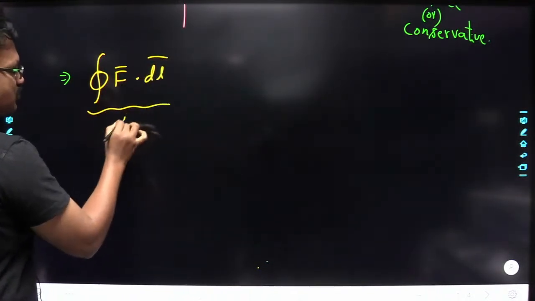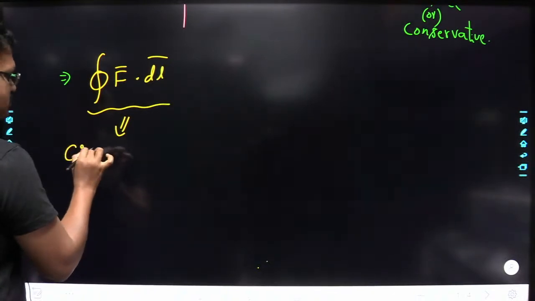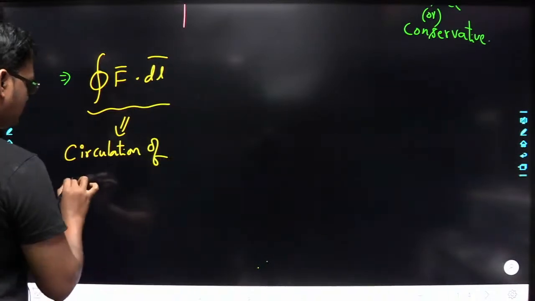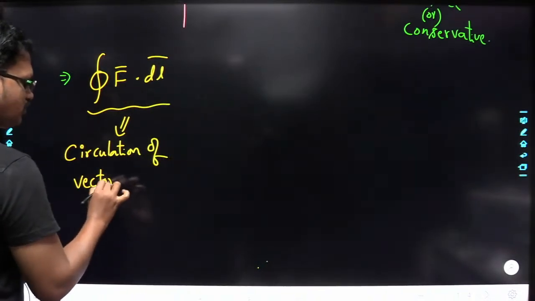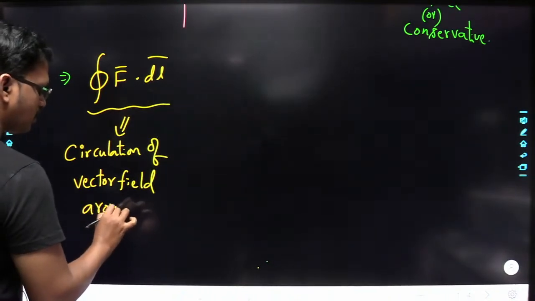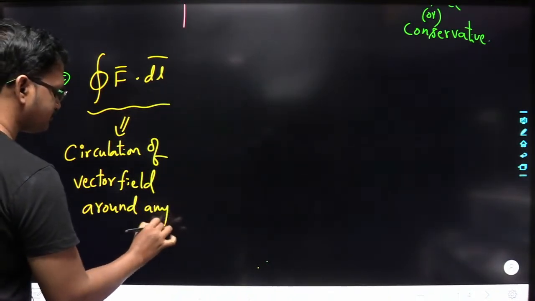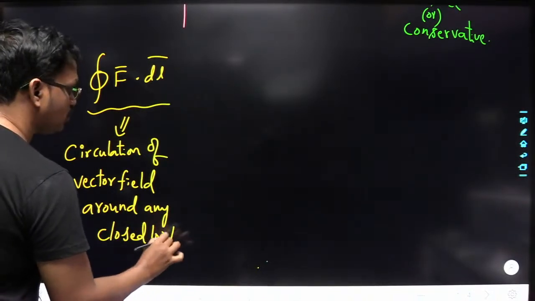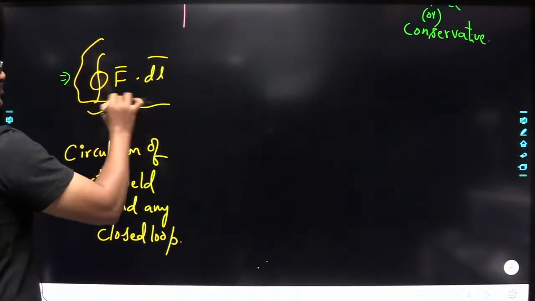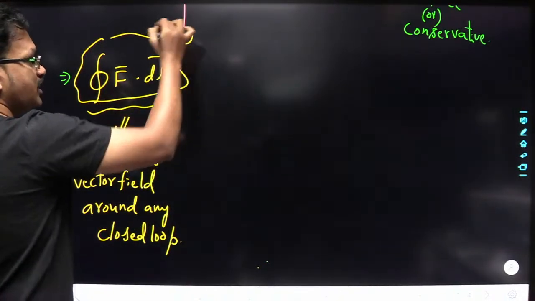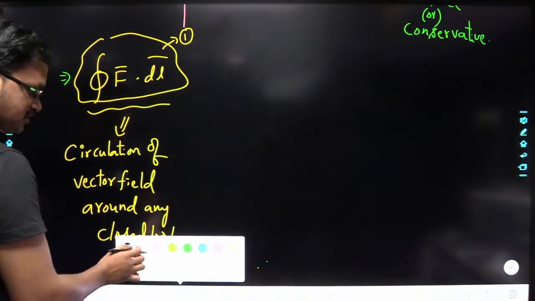This represents the circulation of the vector field around any closed loop. Let us consider this as 1.